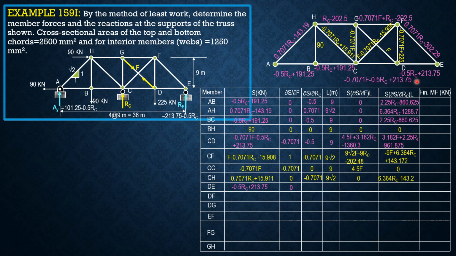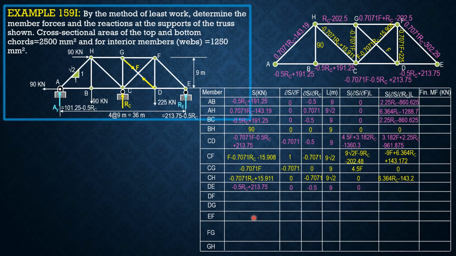DG, this one, it's F. Then 1, 0. Length of DG 9 square root of 2. So 9 square root of 2F. Here it's 0.